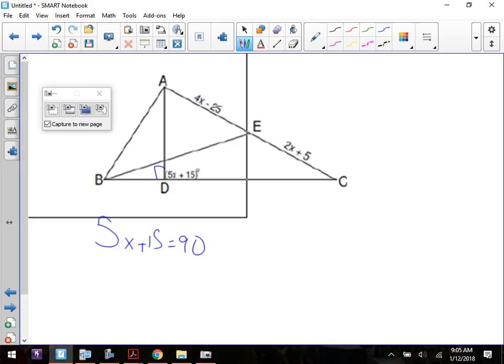Now, let's say you had a diagram of that and you couldn't quite figure it out. If you don't know how to map it, it looks like it's 90, so try it and see what happens.